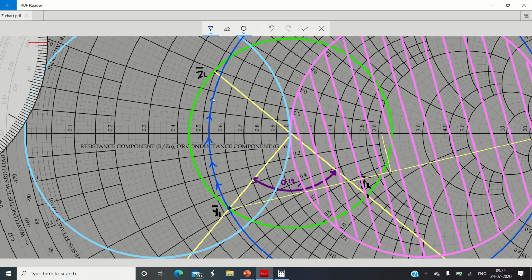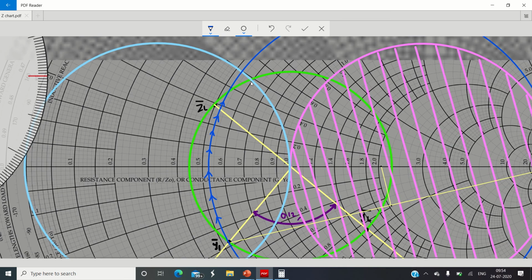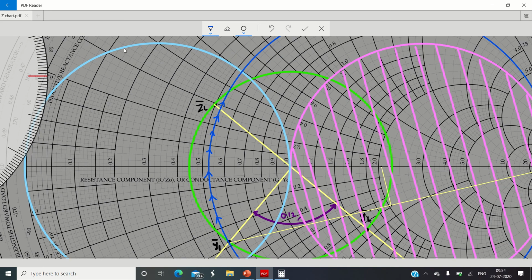In doing so, you recall that I will cut the tuner circle at this particular point. Wherever this tracing cuts the tuner circle, here, still continue.